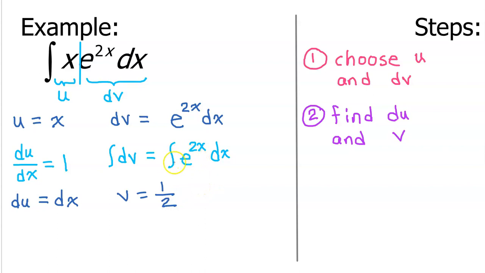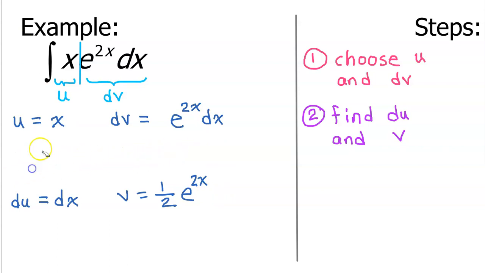We are left with the antiderivative of e to the u, which is e to the u. We save the plus c until the very end of the problem. Don't worry about it right now. We don't normally show this middle step, so I'm going to go ahead and erase that.